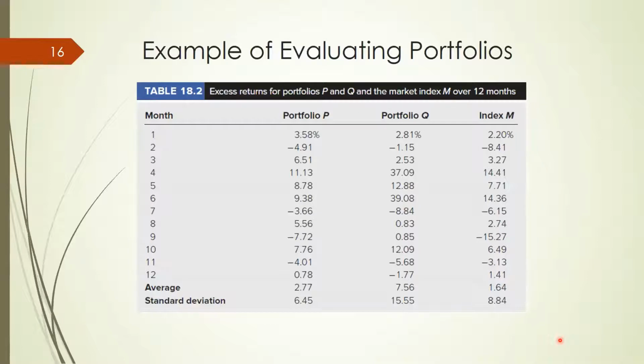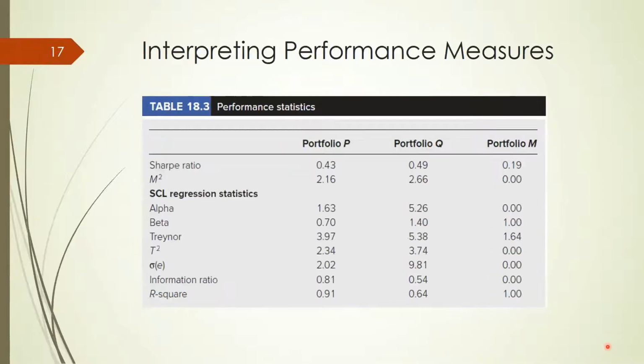For instance, if we have portfolio P, Q, and M, what we do is to use the historical monthly returns, in this case, over the last 12 months. Then we calculate the Sharpe ratio for P and Q, M squared for P and Q, as well as alpha, beta, Treynor's measure, tracking error, information ratio.